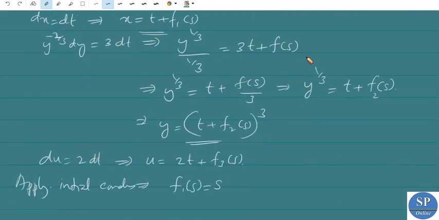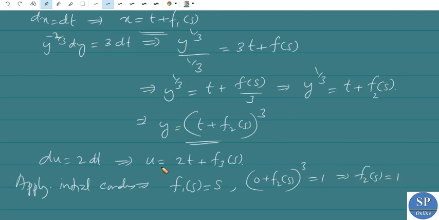So y = 1 means, from this, (0 + f2(s))^3 = 1. So f2(s) = 1.